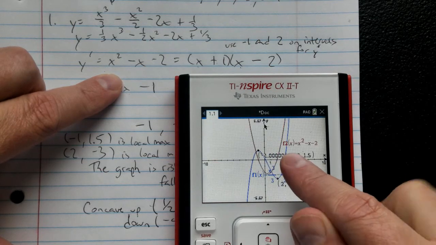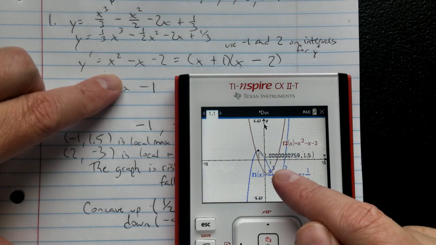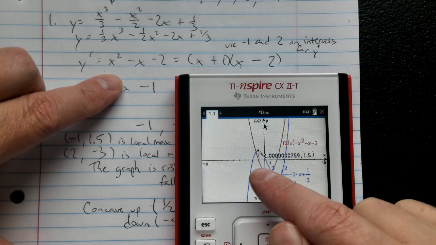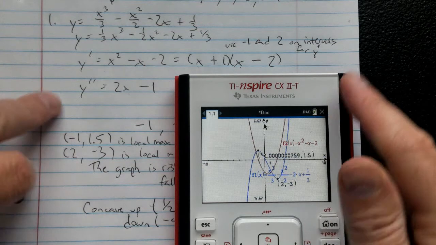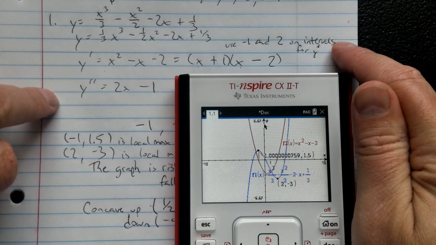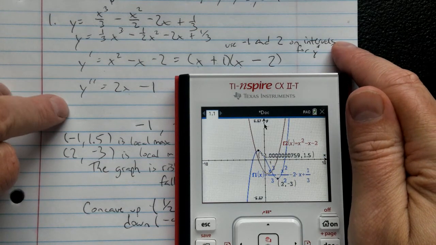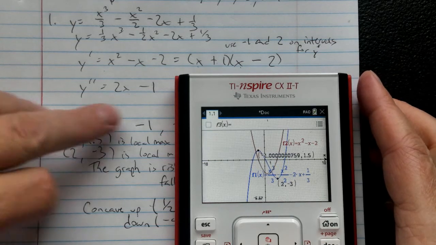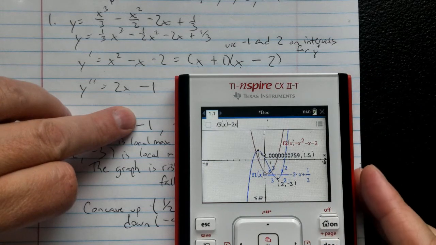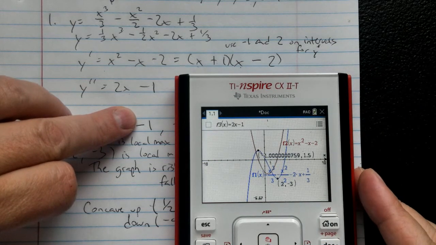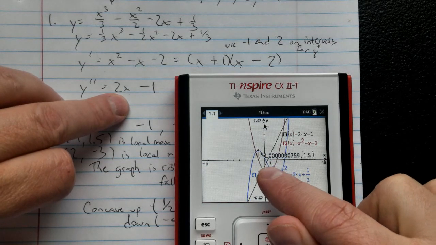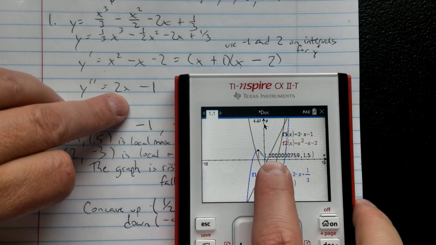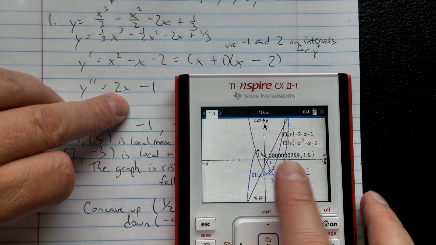So that's the red one, basically. And that gives you your x-intercepts, which are -1 and 2. And so that's how we know what intervals to use. And then our second derivative is 2x minus 1. If you don't want to factor out the 2, that's fine. I mean, you just need to know that you get 1/2 from your x value.